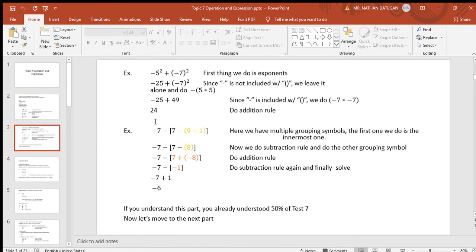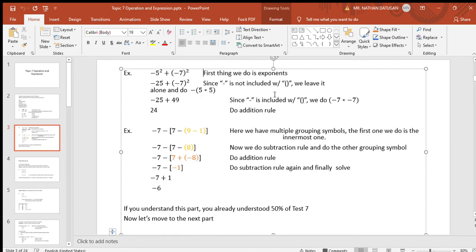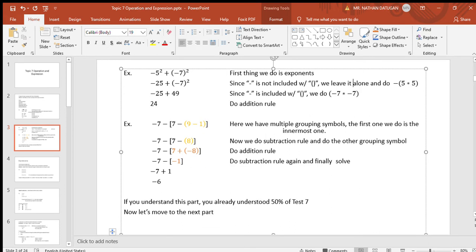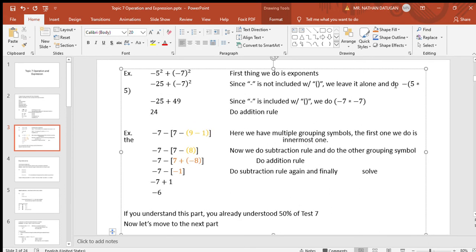Now let's move on to the next example. We have negative 5 squared plus negative 7 squared. Again, orders of operation, exponents.